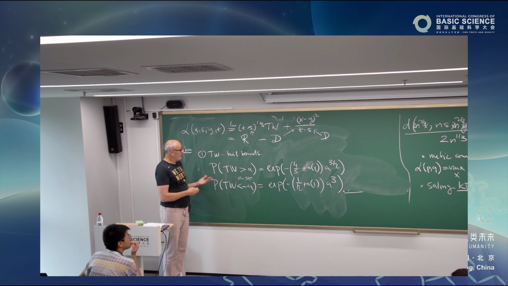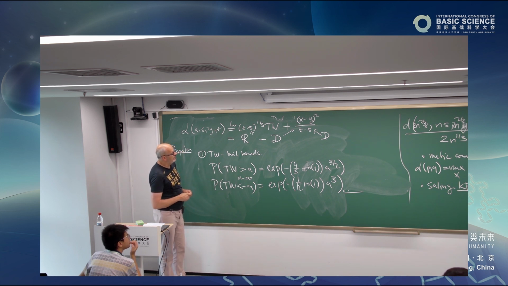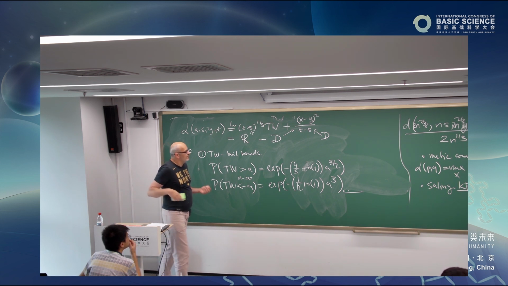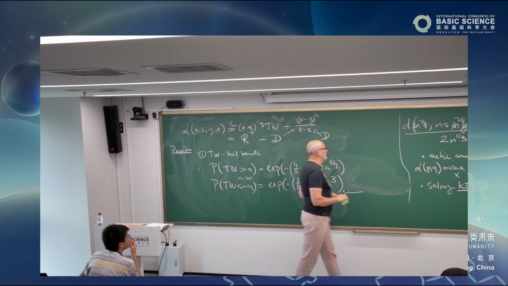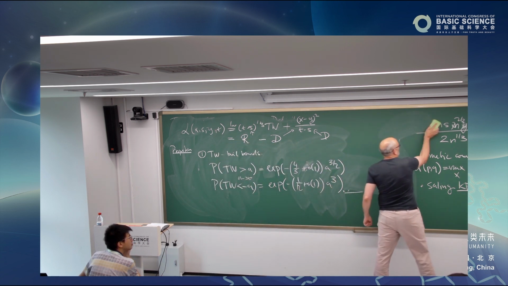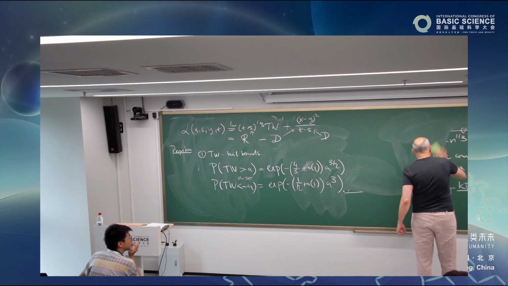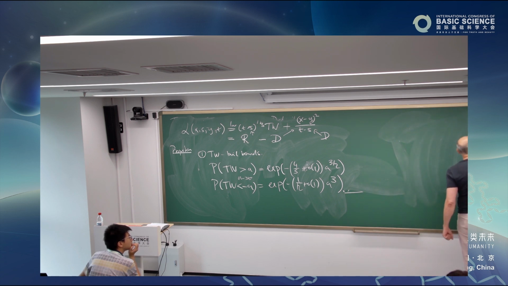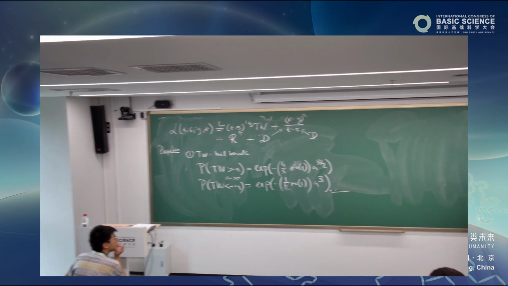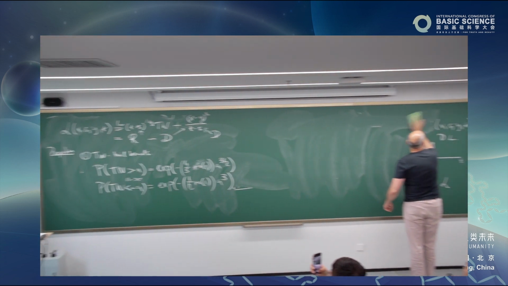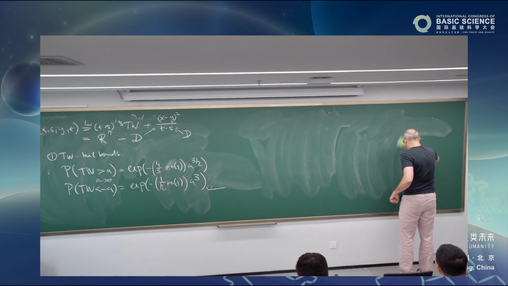This is what we use to understand this metric, and then we have a beautiful result, which is a combination of a lot of work, starting with work by Corwin and Hammond, and then some extra work afterwards by Hammond himself.